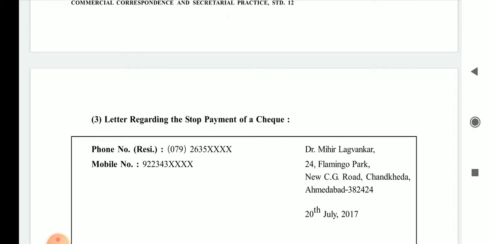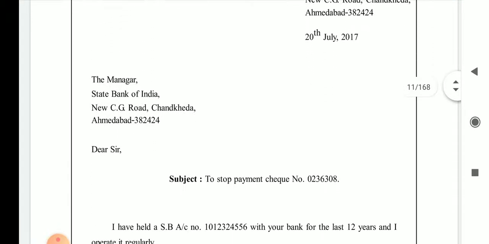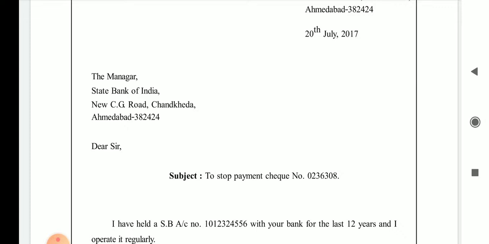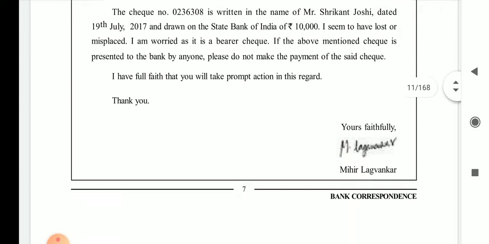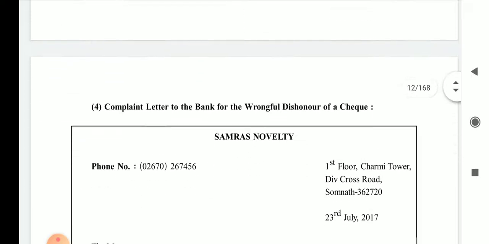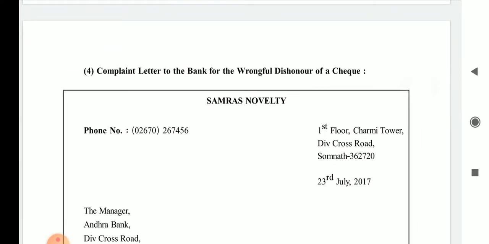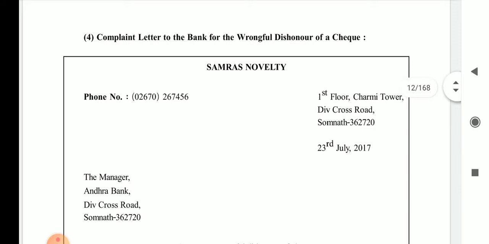This is also an important letter, and the letter writer is Dr. Mihir Lagwankar, and the manager of State Bank of India is the receiver. Then we learned another letter, about the wrongful dishonor of a cheque. That means the bank has dishonored our cheque wrongfully.